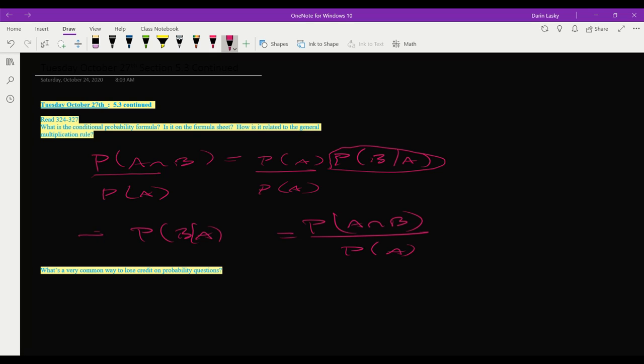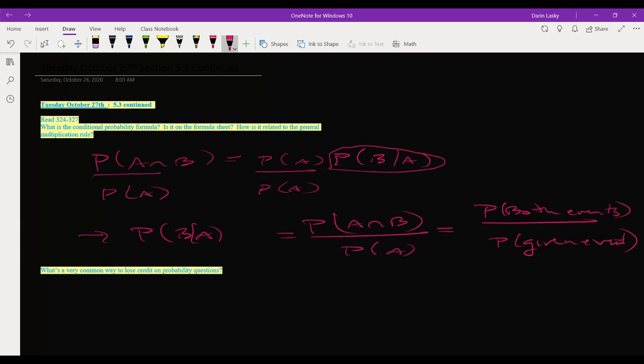That is our conditional probability piece. It all boils down to this: the probability of both events over the probability of the given event.